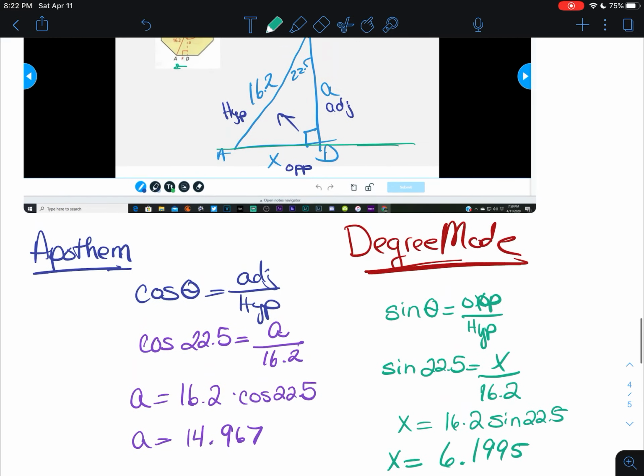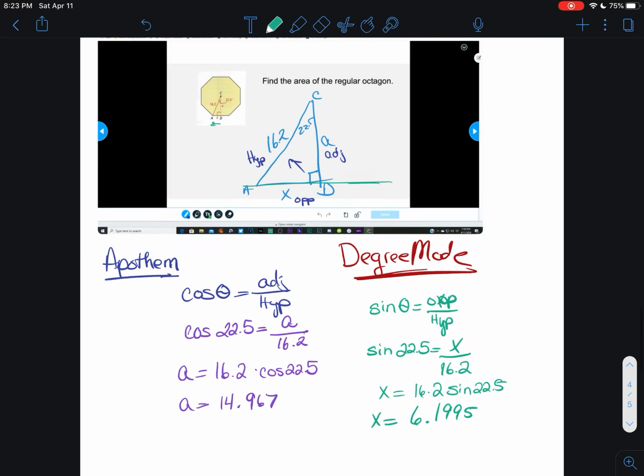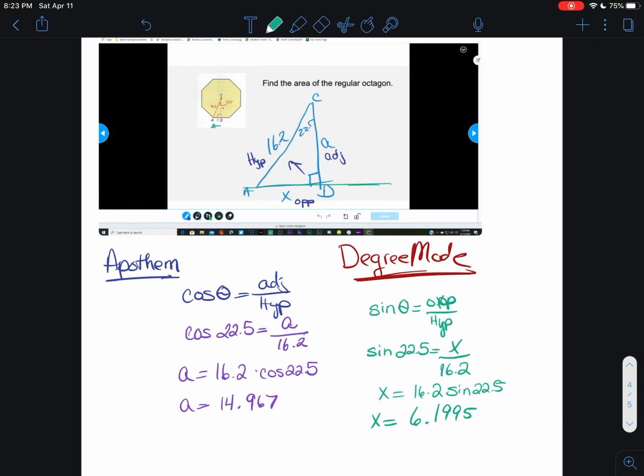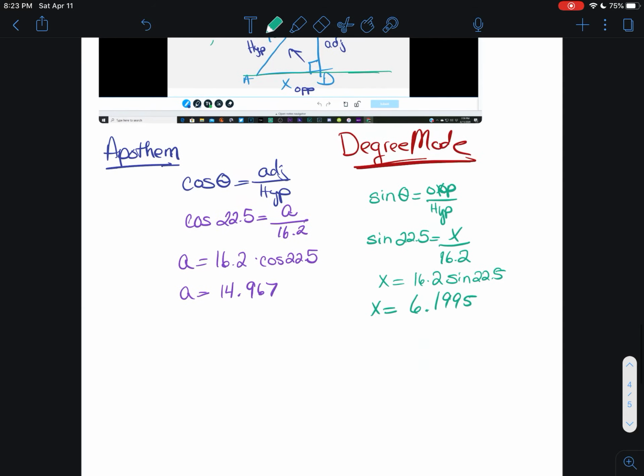All right, so now we have those values, but remember, AD is only half of our side measurement. So we need to multiply by 2 to get our full side measure.